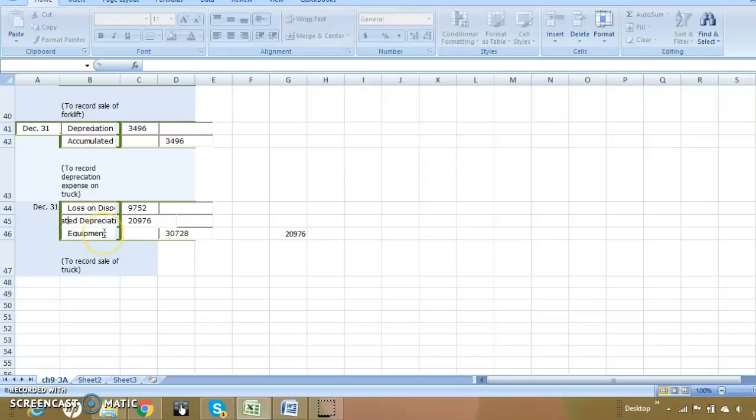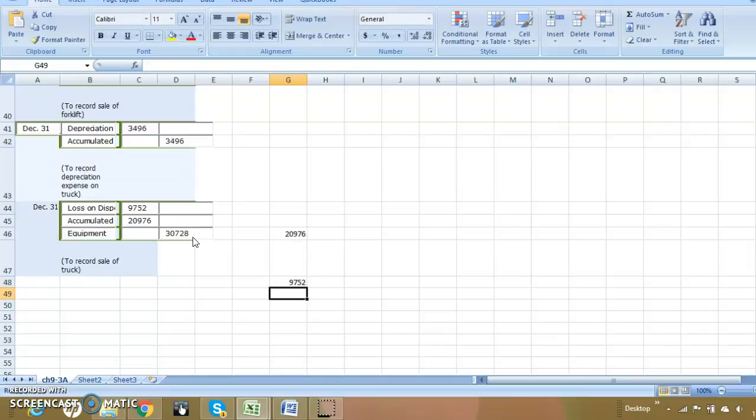Accumulated depreciation is 20,976. Now from this, we take the purchase price of the equipment, 30,728, minus the total accumulated depreciation, 20,976.